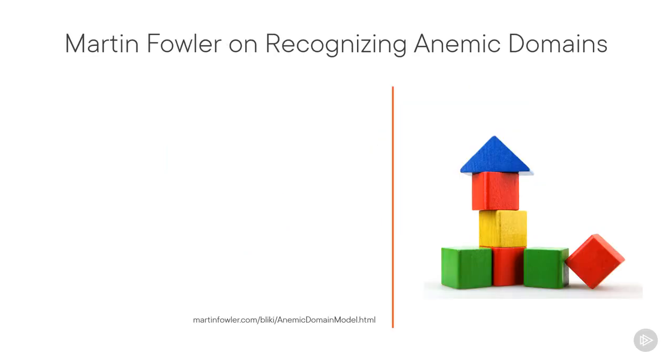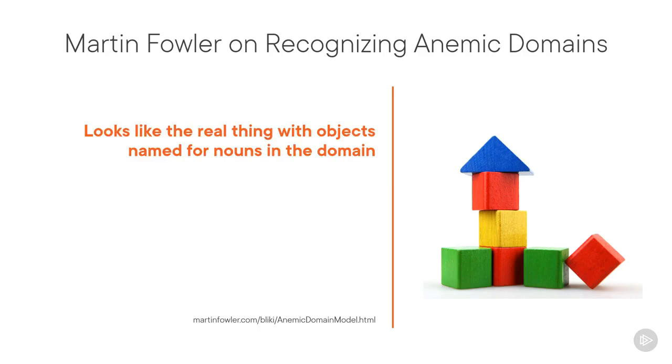Martin Fowler writes about anemic domain models with such drama that you may never mistakenly use them in your domain model. He says the basic symptom of an anemic domain model is that at first blush it looks like the real thing. There are objects, many named after the nouns in the domain space, and these objects are connected with the rich relationships and structure that true domain models have.